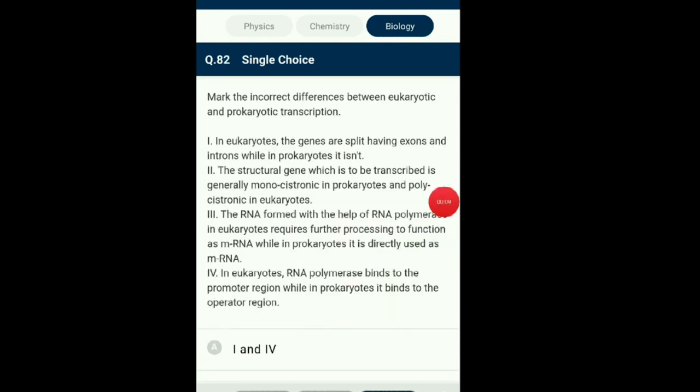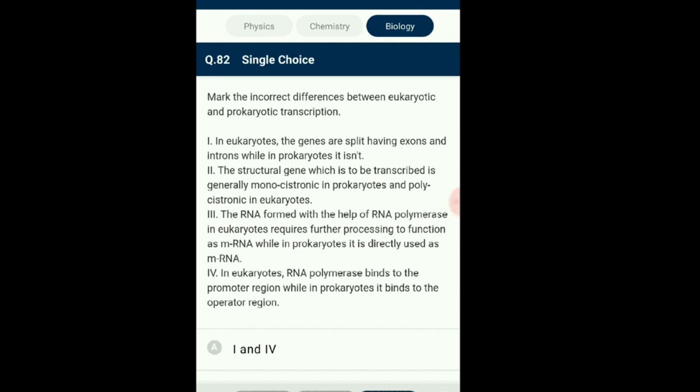Mark the incorrect differences between eukaryotic and prokaryotic transcription. In eukaryotes, the genes are split, having exons, that is coding regions, and introns, non-coding regions, while in prokaryotes, non-coding regions within coding regions do not occur. The structural gene which is to be transcribed is monocistronic in eukaryotes and polycistronic in prokaryotes.